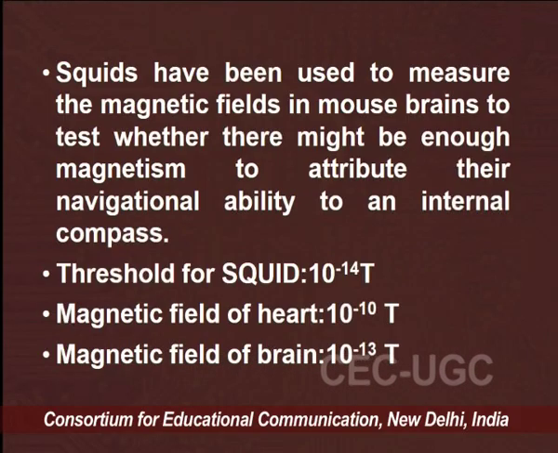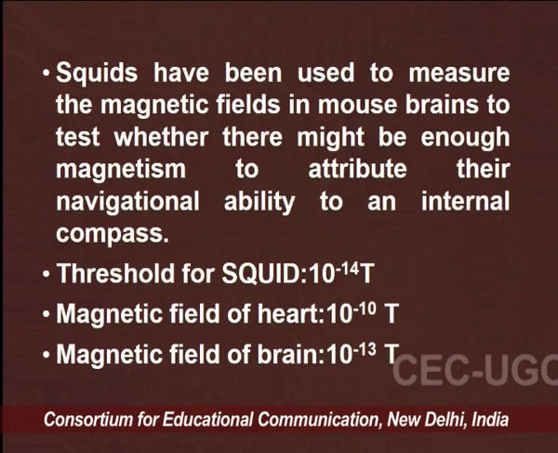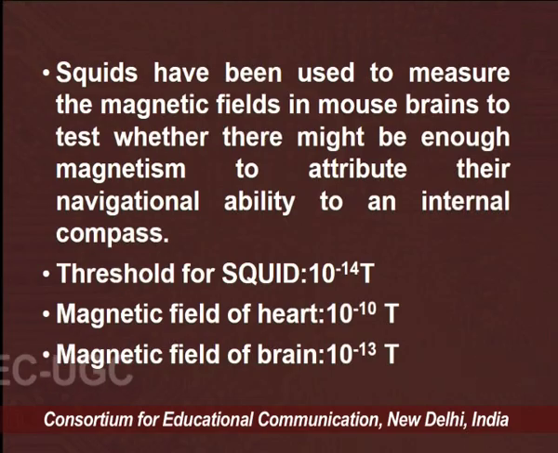So, SQUIDs have been used to measure the magnetic field in any animal or any human being. Like, we can measure the magnetic field in the mouse brain to test whether there might be enough magnetism to attribute their navigation ability to an internal compass.